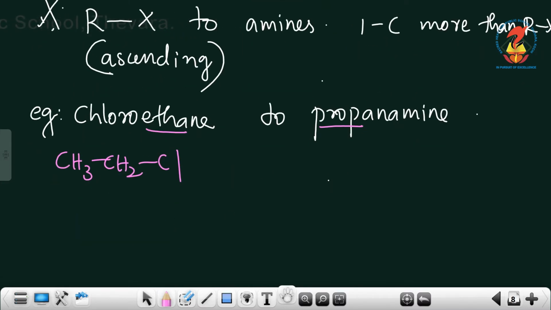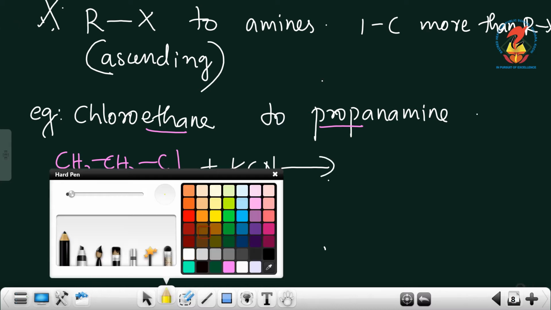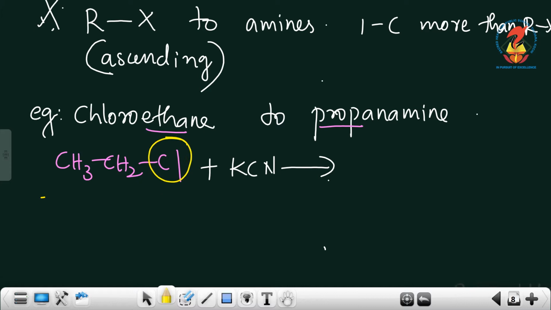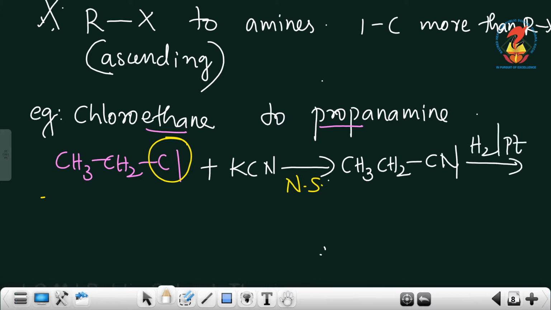This first we have to treat with KCN or HCN. What happens here? X will be substituted by CN, and such reactions are known as nucleophilic substitution reactions. So first we are getting here CH3CH2CN, and this on reduction, any of the reagent we can use, hydrogen on platinum.